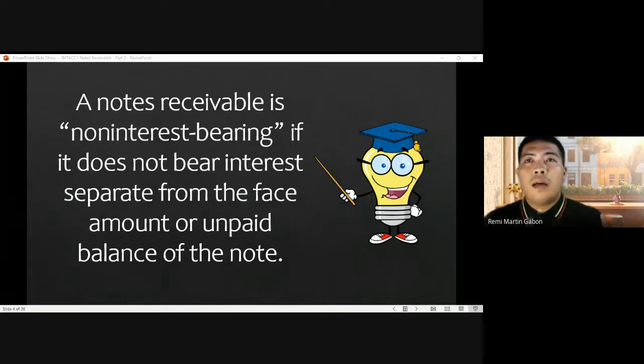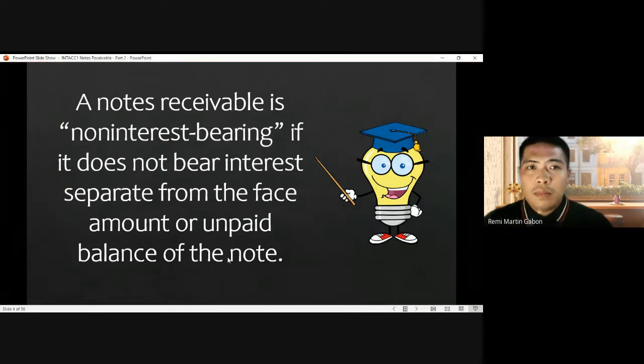Meaning, the interest is really separate and not yet embedded or part of the face amount appearing in that promissory note. While under non-interest bearing, we do not compute interest in the same way. We deal with interest in a different way. So later I will introduce to you the process, but the application is no separate interest is computed using a stated rate based on the face amount of the promissory note.